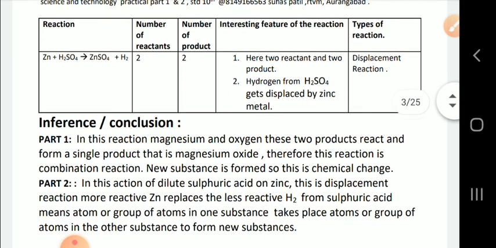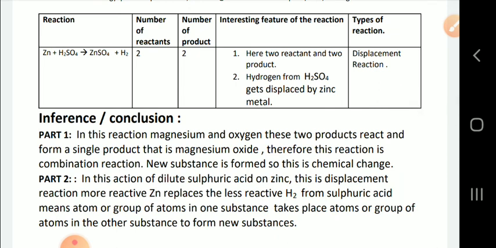Now the inference or conclusion: you can see here it is already written that these reactions are called displacement reactions. Whatever is written here, you can write that, or you can write from your practical book also. In that it is written, first, reactions are called displacement reactions when an atom or group of atoms in one substance takes the place of an atom or group of atoms in another substance to form a new substance.